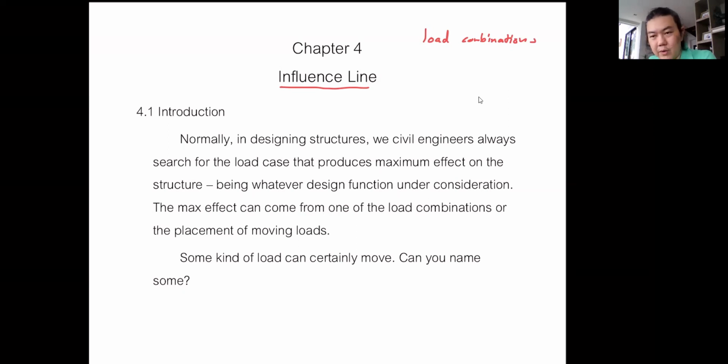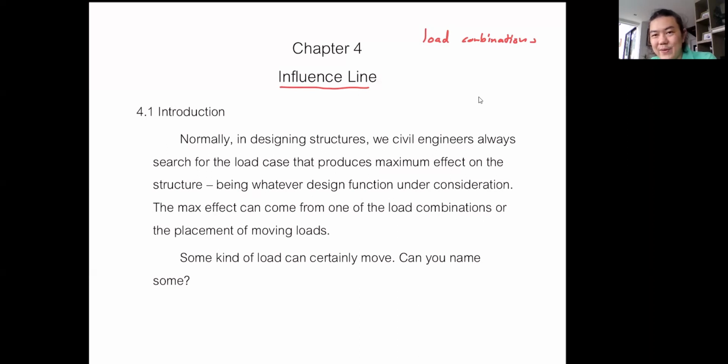And those loads cannot possibly occur at the same time. You cannot expect the maximum earthquake to occur at the same time as the hurricane or the flood.